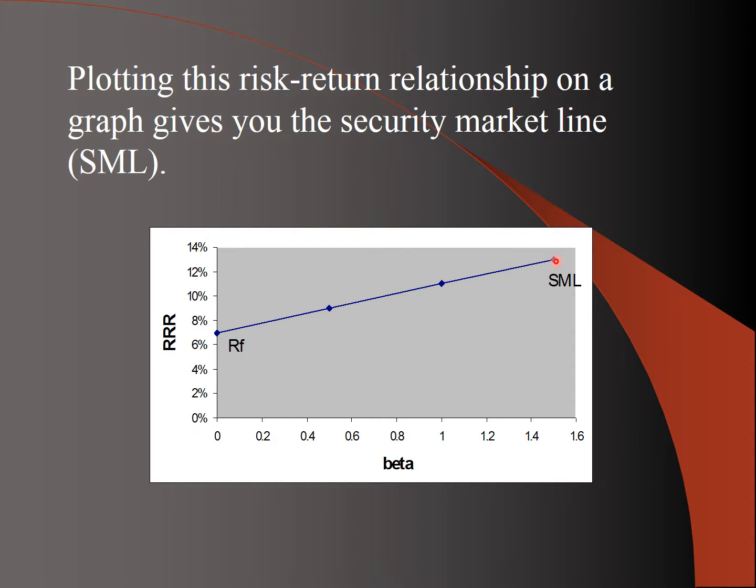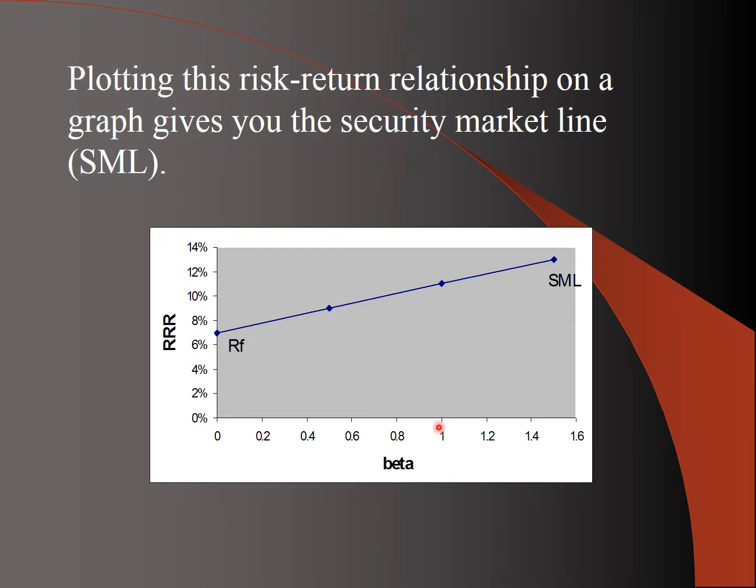So those are 2 points we can plot. We know the market has a beta of 1, and the market's paying 11%. If you move across, you'll see it's right in between 10 and 12, so it's at 11%. That's our third point.